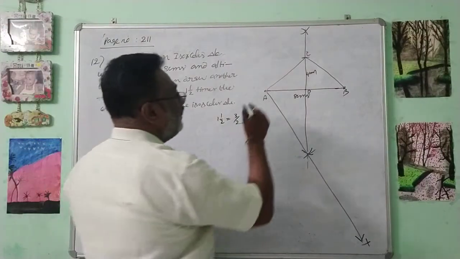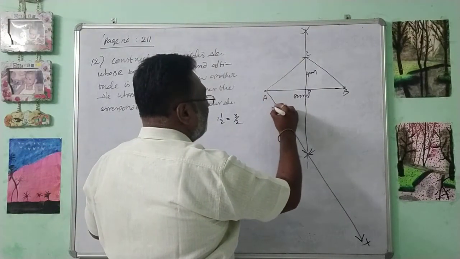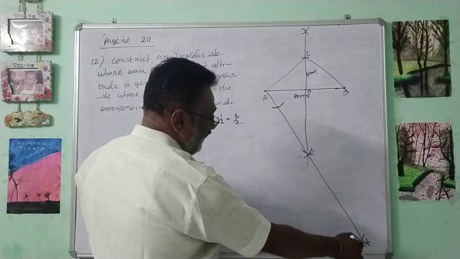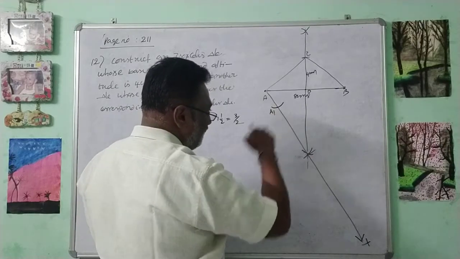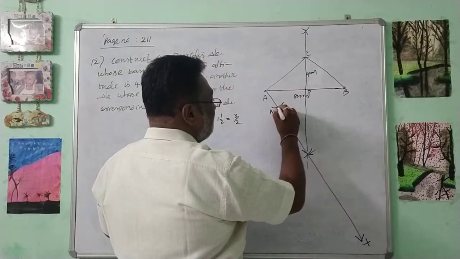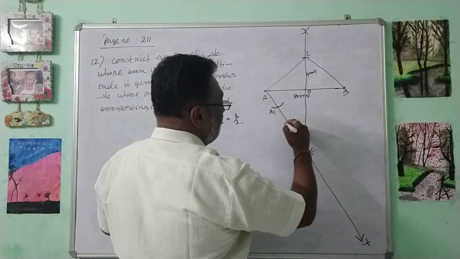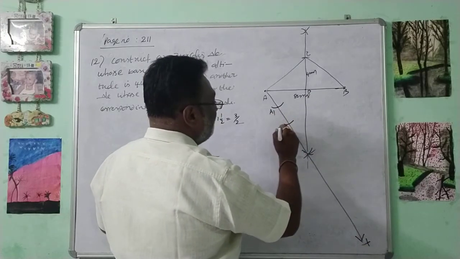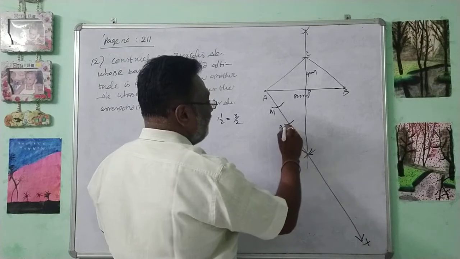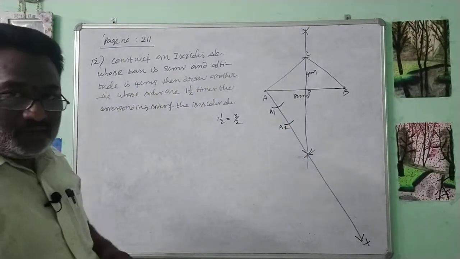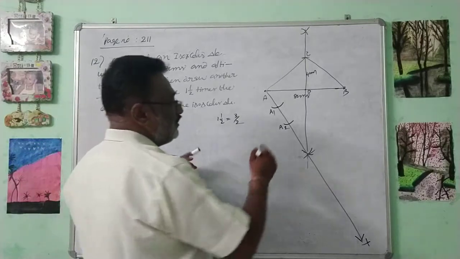Now listen to me. With A as center and a convenient radius, I draw an arc on the ray AX to meet it at A1. And with A1 as center and the same radius, one more arc I am drawing on AX to meet the ray AX at A2. Two parts are over. One more part we need to draw. Now listen to me.